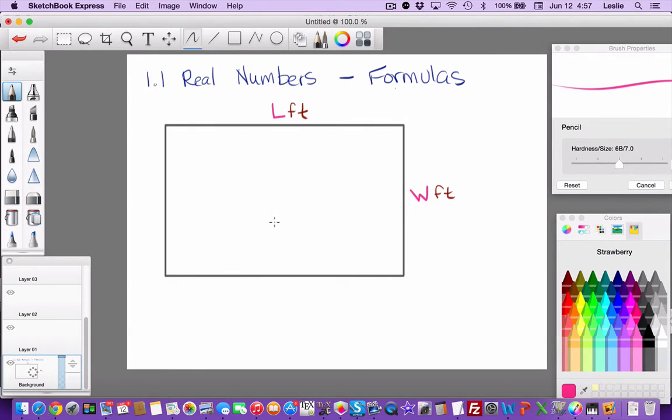So I can't cut it into W rows. But using the previous example as a model, I can say that I would have W rows, and in each one of those rows I would have L squares. So the formula for the area of a rectangle is the number of rows times the number of columns, or the length times the width.